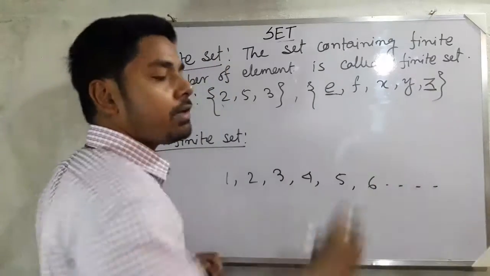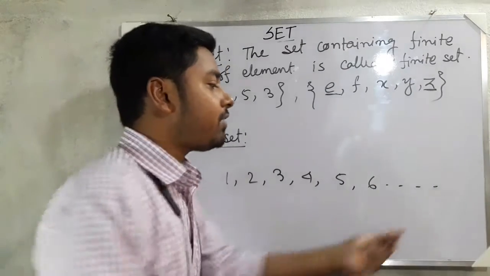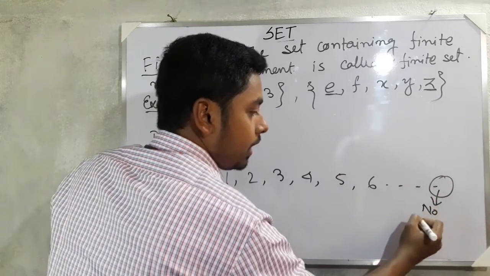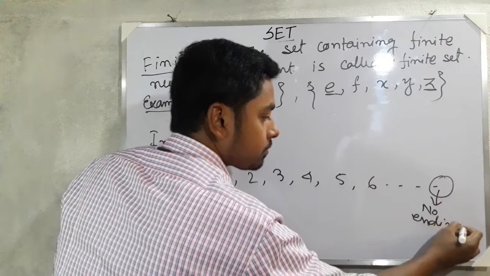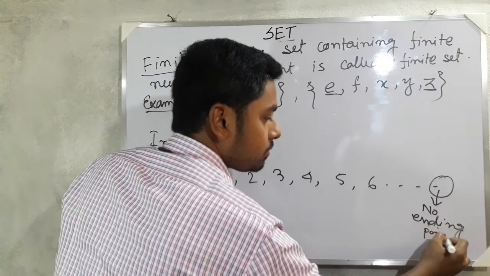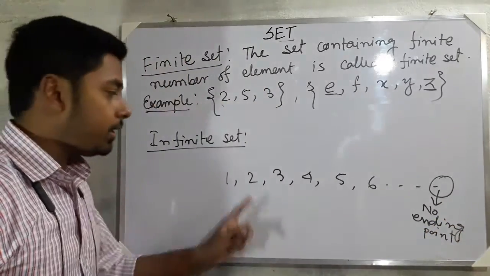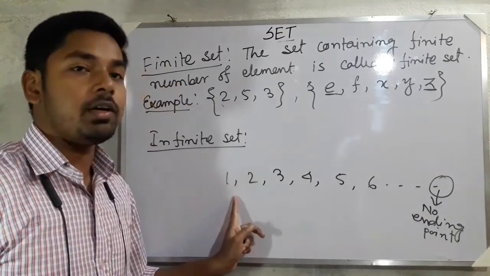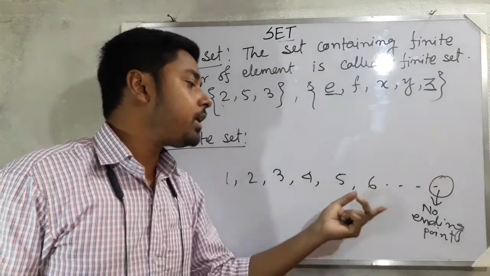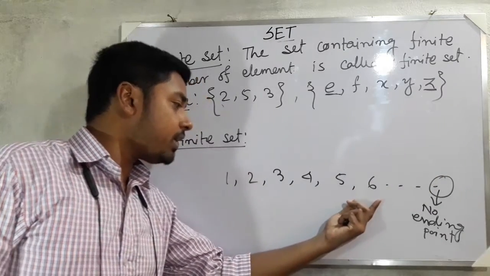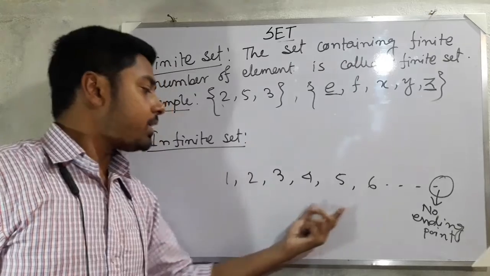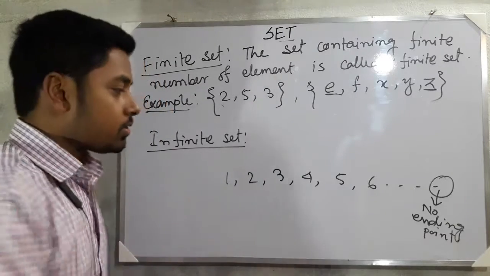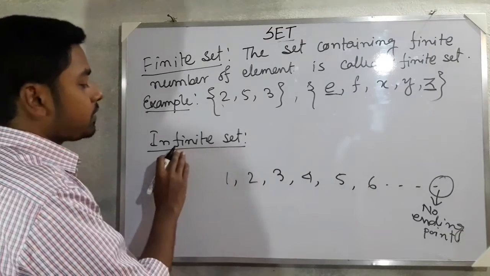It continues. It does not have an ending point, but only a starting point. So you cannot count all the terms, you cannot tell how many numbers there are in the natural numbers. This type of set is called an infinite set.